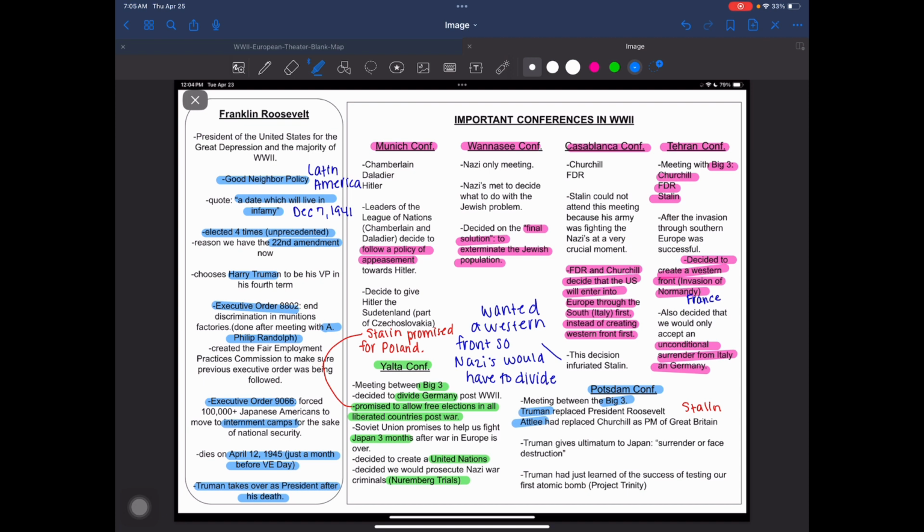Truman is going to make what I tell my students is like a public announcement, where he is going to ask Japan to surrender, and if not, and here are the words that he used, you need to surrender or you're going to face complete and utter destruction. And of course, Japan, again, not knowing we have these weapons, are not very concerned. They're basically kind of like, bring it on.